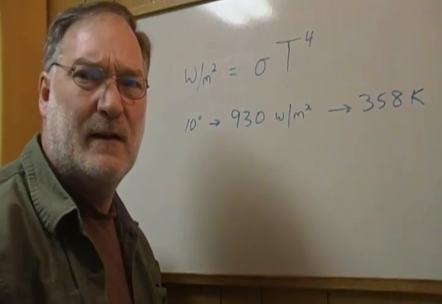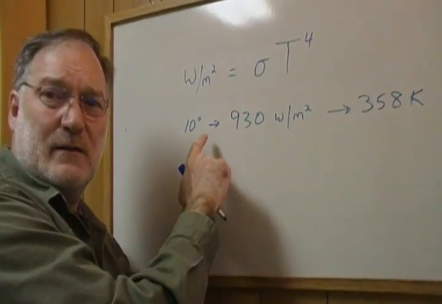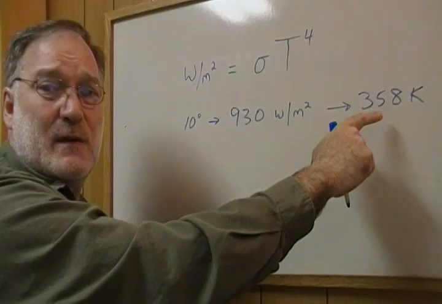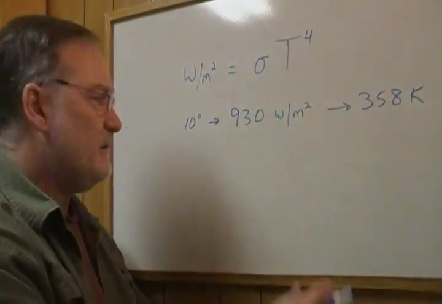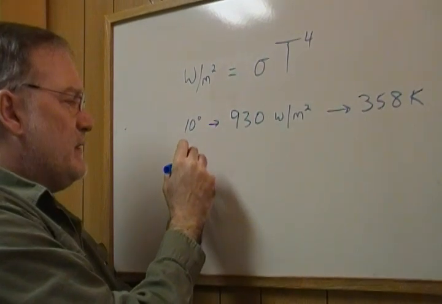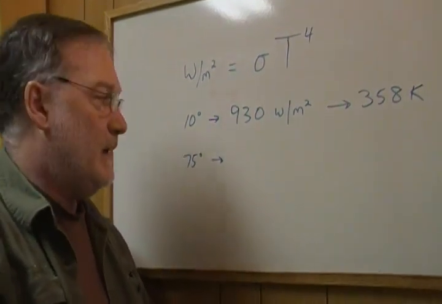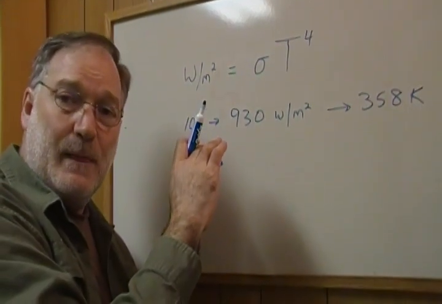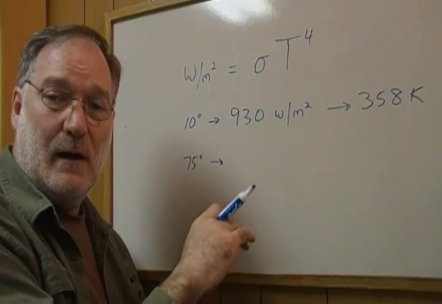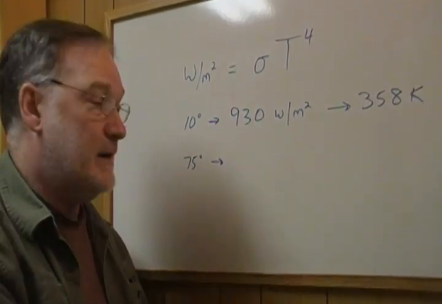All right, so 930 watts per square meter at 10 degrees latitude corresponds to a temperature of 358 Kelvin when you put it through this formula. Then take the radiation at 75 degrees latitude, or any other latitude you want. At the end of this video I'll show you how to compute the radiation at each point on a spherical black body, the same distance from the sun as the Earth is.